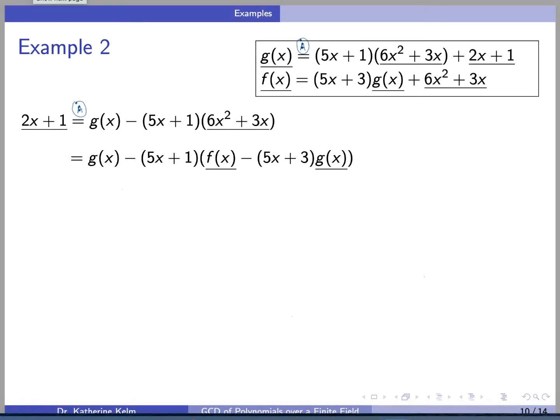Then, using the other equation, equation B, we can replace 6x squared plus 3x with f of x minus 5x plus 3 times g of x.